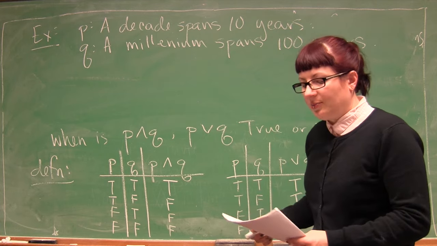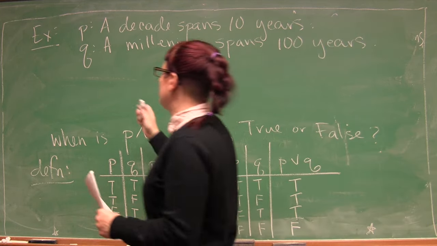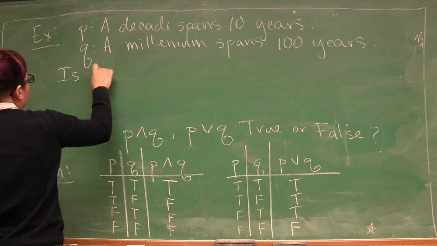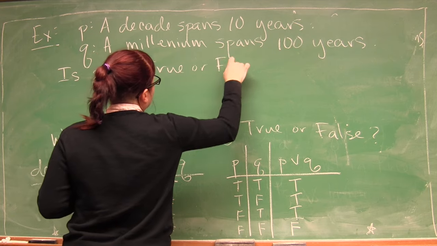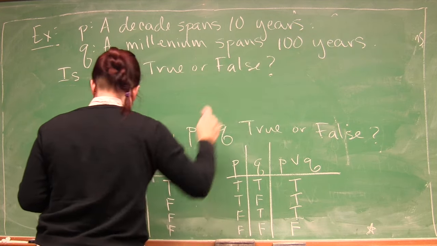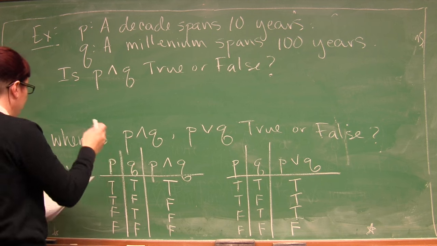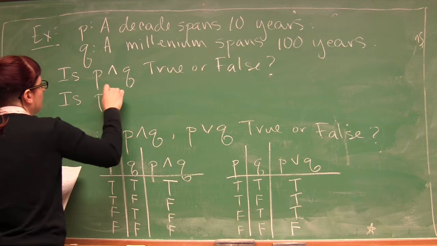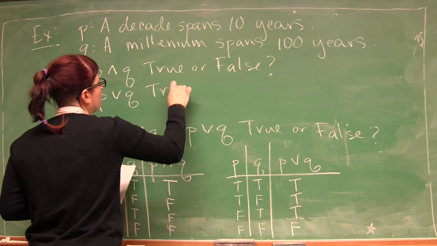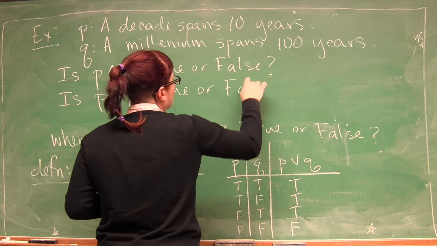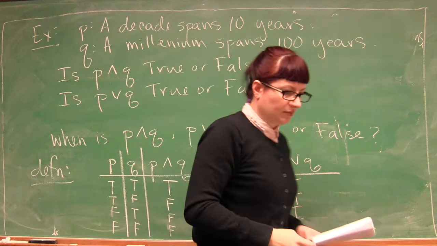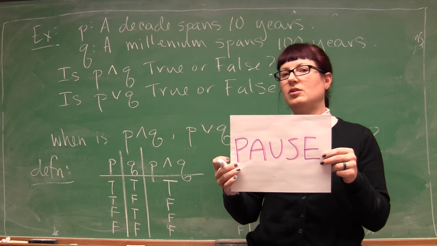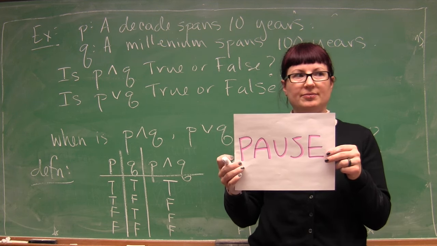So first question, is P and Q true or false? And our second question is P or Q true or false? So pause here for a second and see if you can use the truth tables to figure out the answers to these questions.